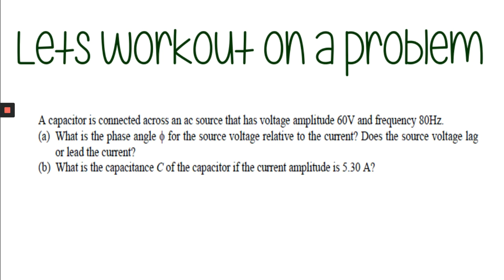What is the phase angle phi for the source voltage relative to the current? Does the source voltage lag or lead the current? What is the capacitance of the capacitor if the current amplitude is 5.3 ampere? Current amplitude is given, voltage amplitude is given, and it is the case of a capacitor.